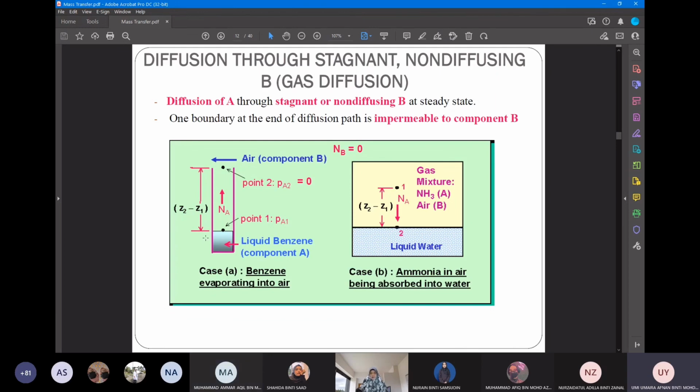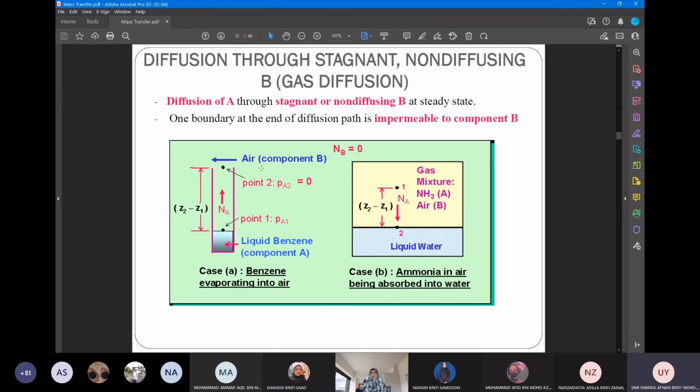And then you differentiate the locations Z1 and Z2 and the direction of molar flux and total flux. So this is the direction of total flux and A, that's why you have these arrows. If you were to label the diagram, make sure you label everything. If you miss one label, you're going to lose certain marks.